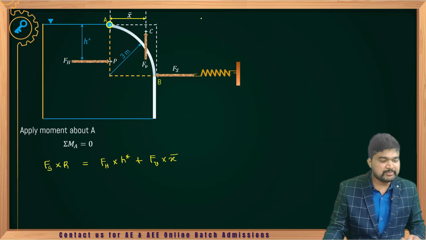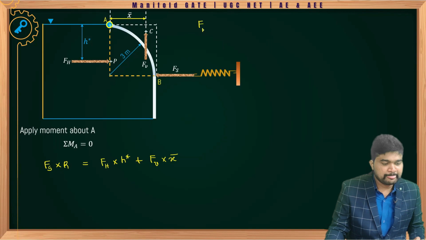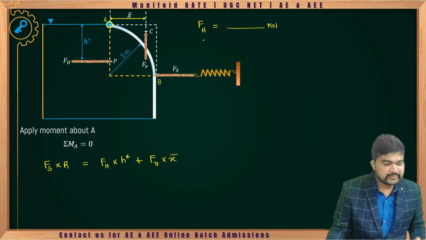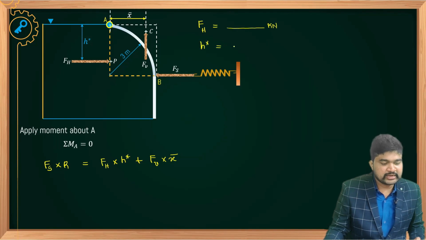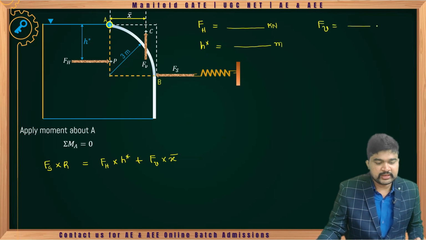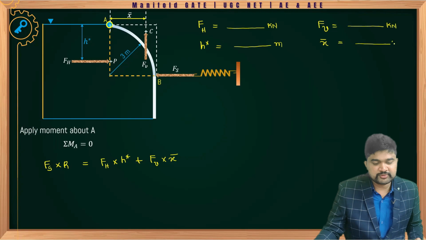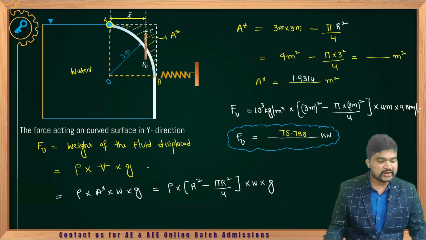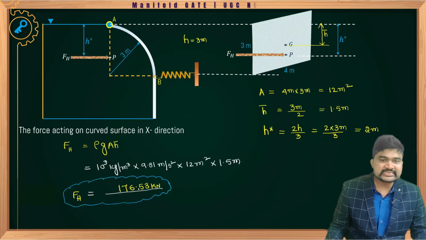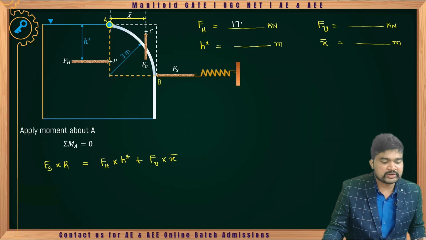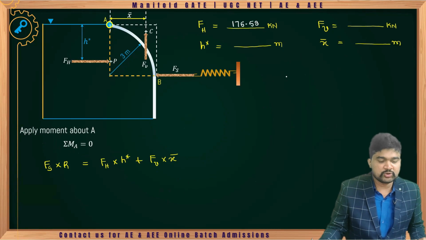So just tell me, what is FH in kilonewton, and H star in meter? You calculated FV in kilonewton, x bar in meter. So what is the magnitude of FH? You only calculated. 176.58 kilonewton.